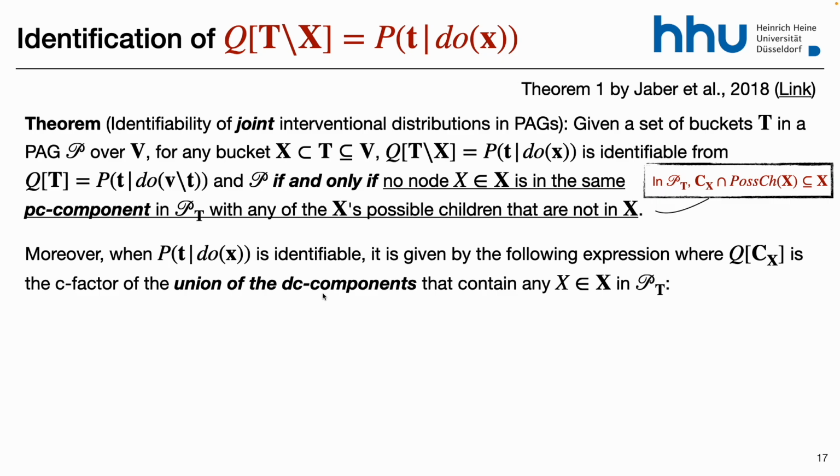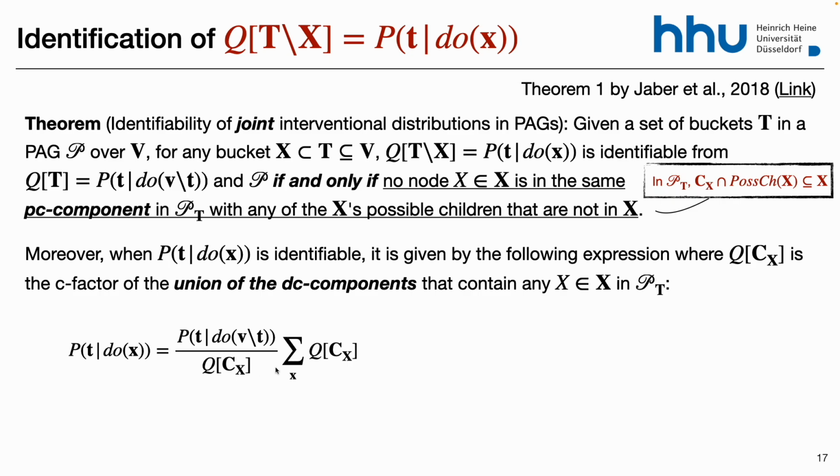Yeah, so this is something that's going to be changed later. So if you consider here children, and here is going to be DC components, and then we can use a similar expression as before. So the probability of T given do X is going to be the probability that you know already. So this is QT.